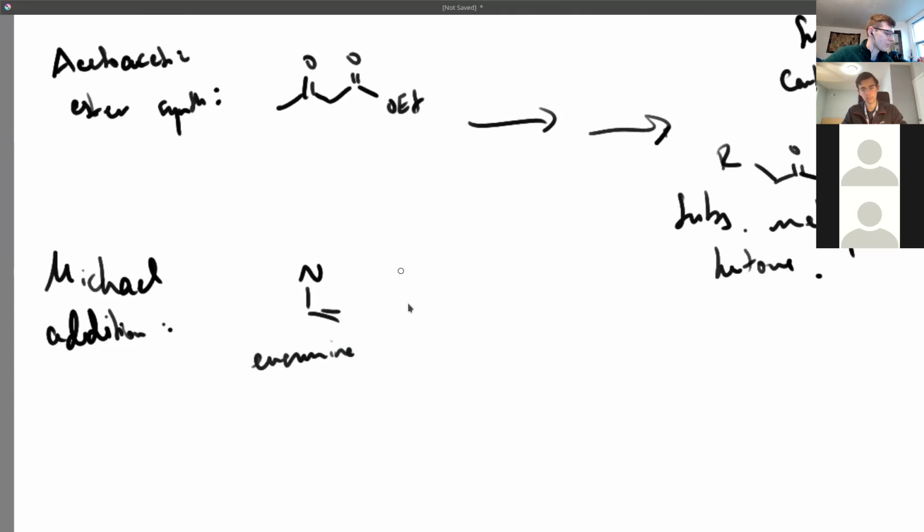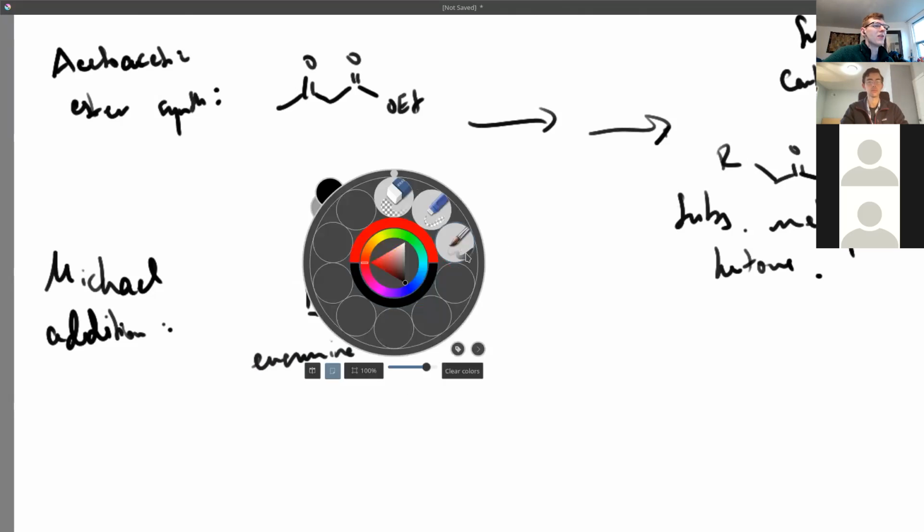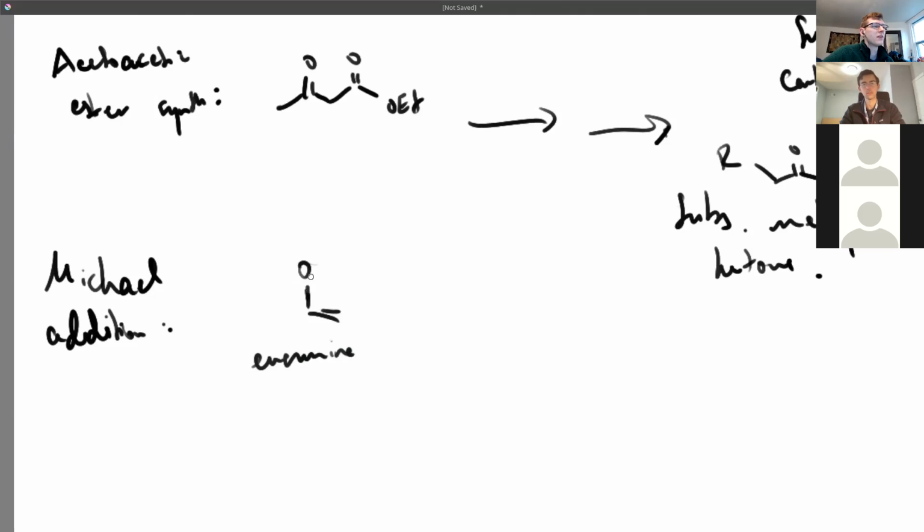Though I guess I should be more generic than this. So you have an enamine, right? Or any one of these things. And then you have one of these conjugated systems.